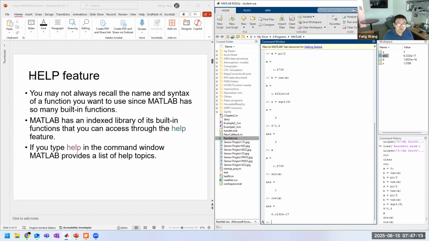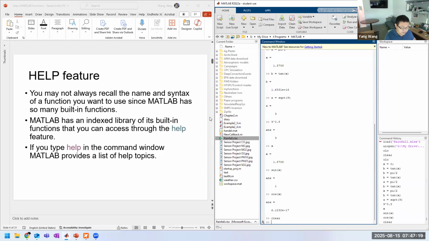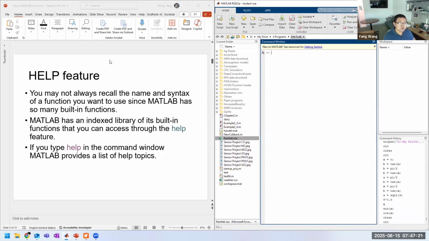So you could use a help feature to understand the function in more detail. So for example, let me just clean everything on my screen. So if you don't know how to use a function, for example, later on we can see a function that's called fix, right? So this is basically to round certain numbers, but it has a special type of rounding, right?